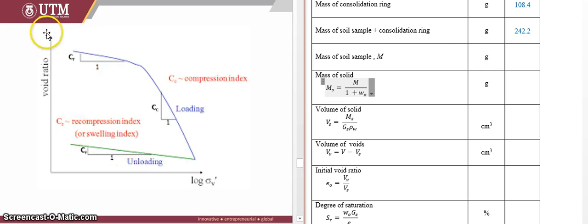By using the log graph, you use the void ratio data with the different stresses as the x-axis. So you can plot the e-log pressure graph, and from the e-log pressure graph you can get the compression index Cc, and also the recompression index Cr.